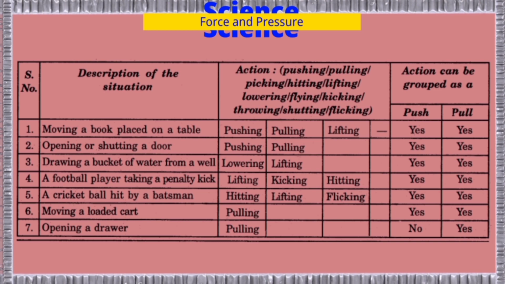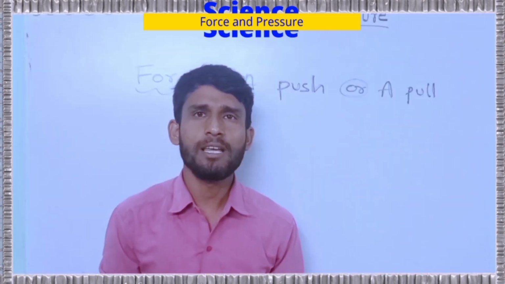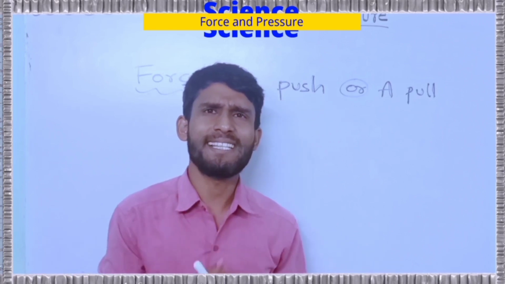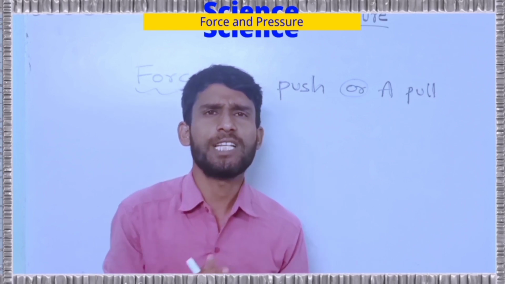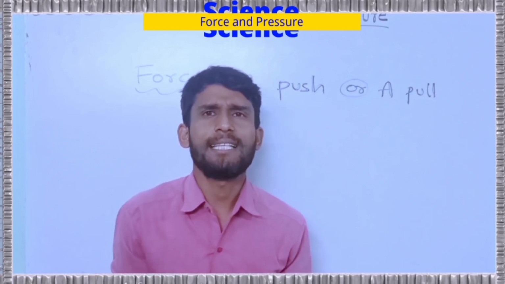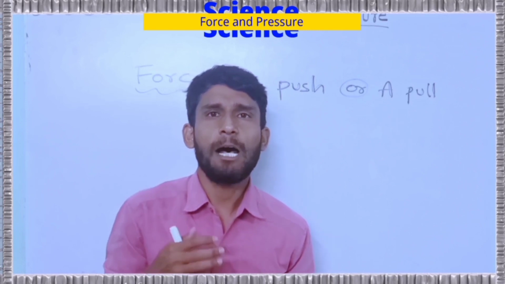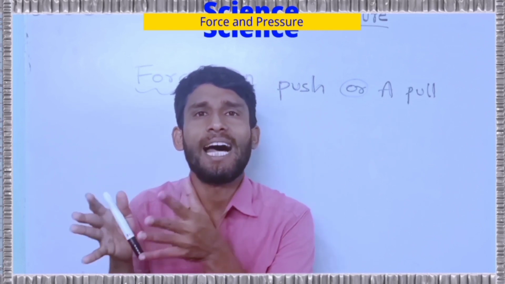Dear students, in all these situations, actions can be grouped as a push or a pull. Do you notice that each of the actions can be grouped as a pull or a push to move an object from one place to another place?